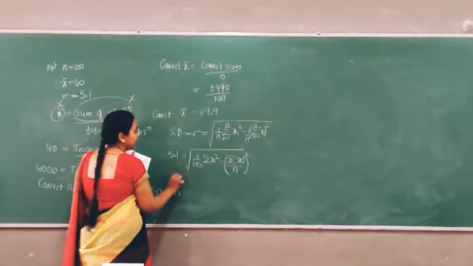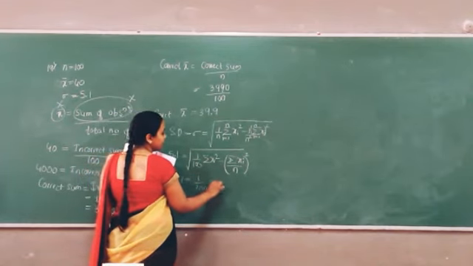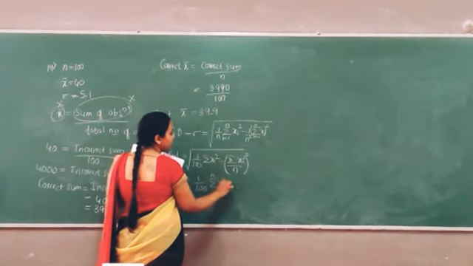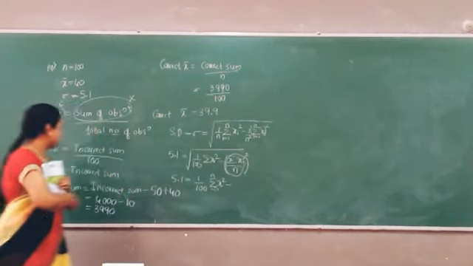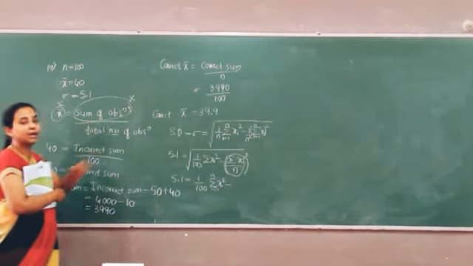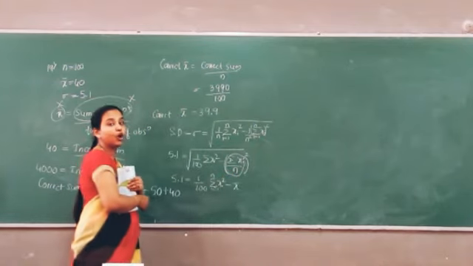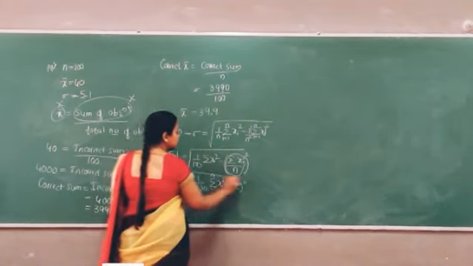So 5.1 is equal to the square root of 1 by 100 summation of xi square, where i goes from 1 to n, minus. But what is this summation of xi by n? It is nothing but x bar, that is the mean of all those xi's, whole square under the square root.